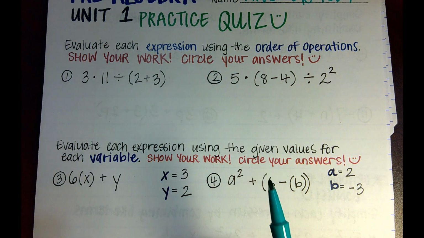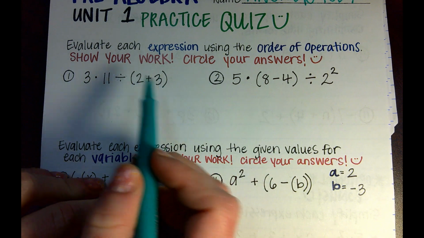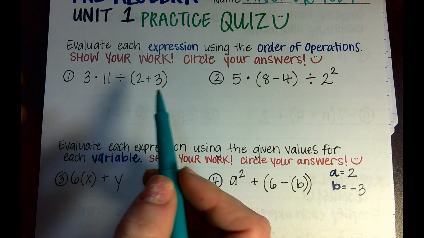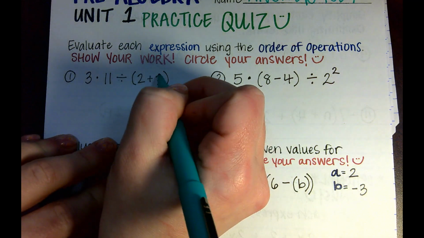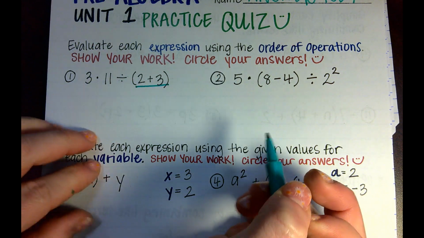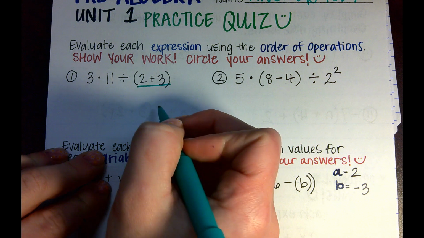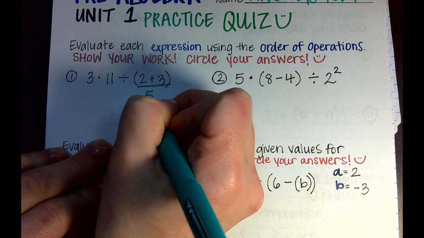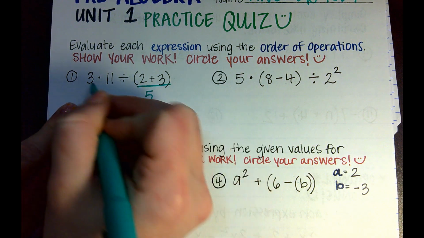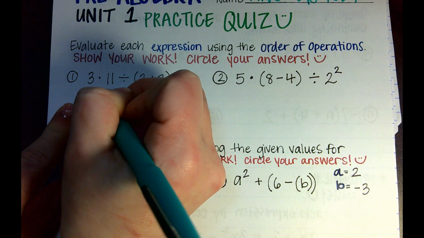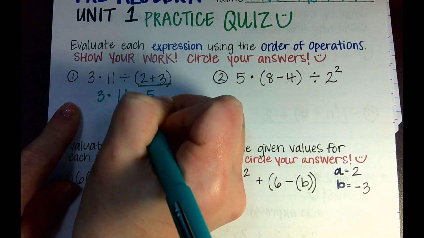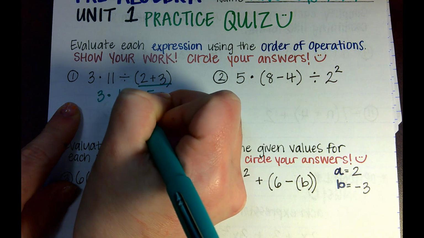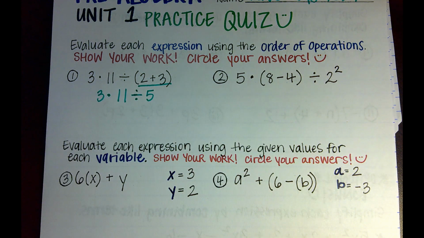Thinking of the order of operations, what would the first thing be that I need to do here? Yes. Parentheses. Good. So in parentheses, I have 2 plus 3. What is that going to give me? 5. So I'm going to write 5, and we'll bring everything else down. Now I have 3 times 11 divided by 5. 3 times 11 is 33.